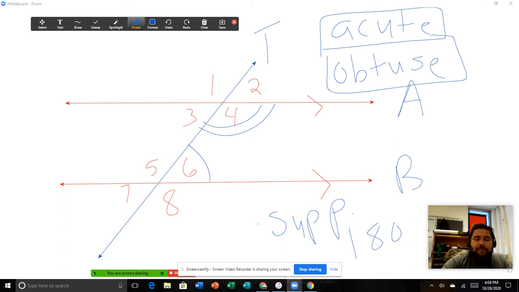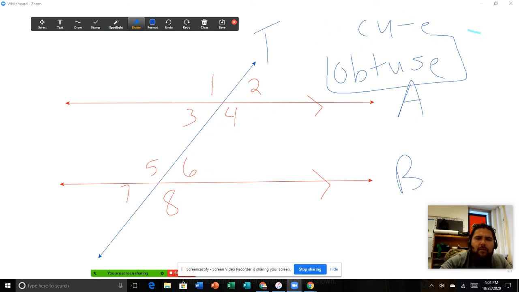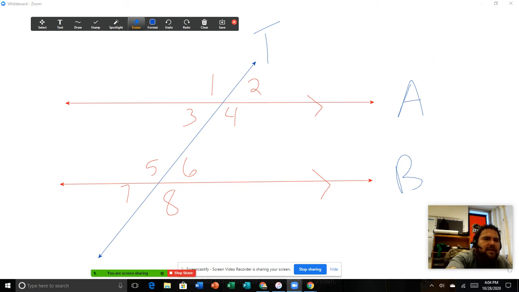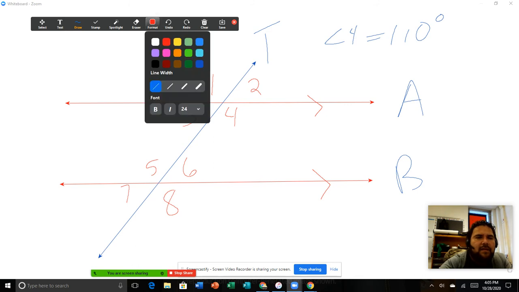So let's do a problem that discusses what we just talked about. Let's say that angle 4 is equal to, I don't know, 110 degrees. Let's think about these measures. Angle 4 is 110 degrees.